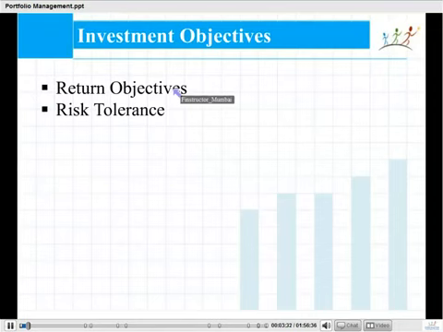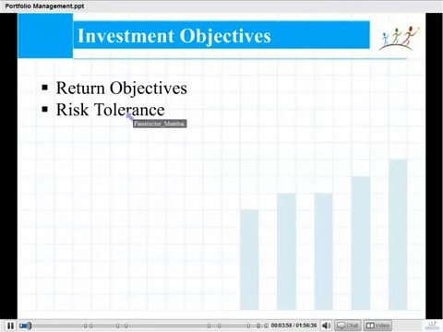He wants to save money for funding a vacation or buying a house. Depending on what his aspirations are, we need to define what return the portfolio needs to generate such that the client's aspirations can be met. However, normally aspirations will be very high such that the return requirement from the portfolio will be very high, and the risk tolerance may not be as high.